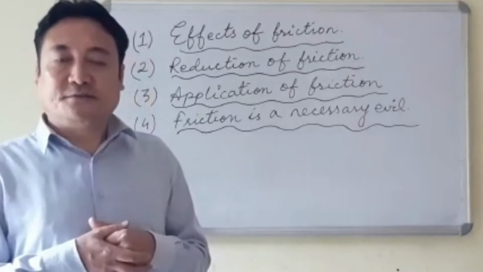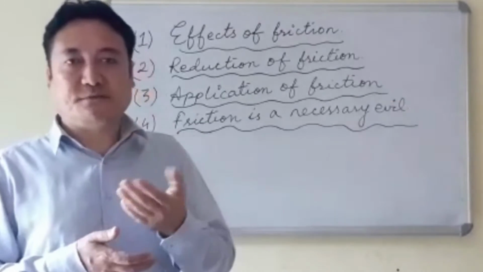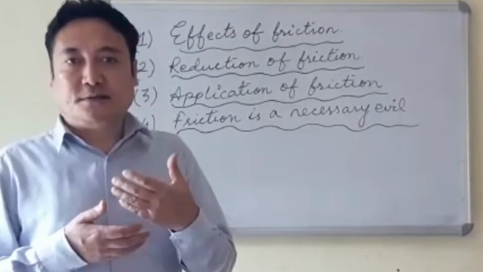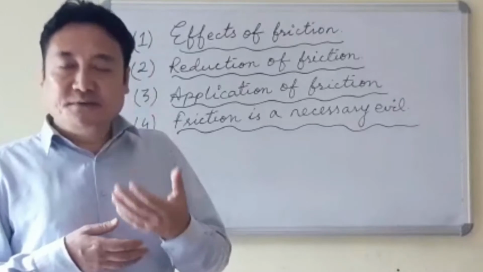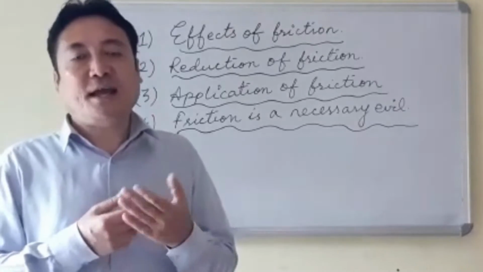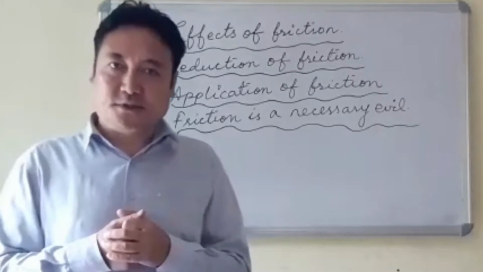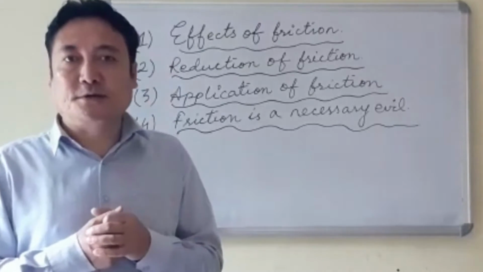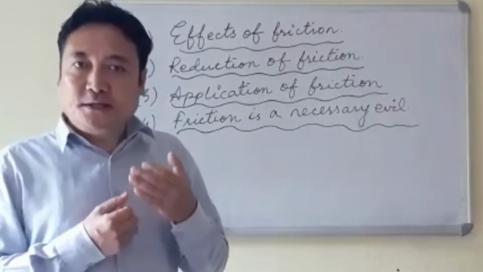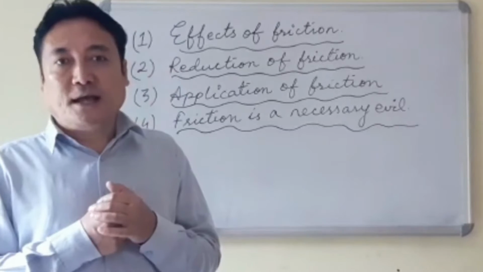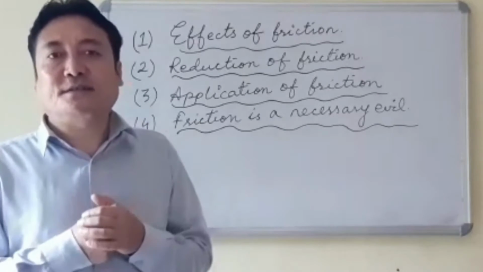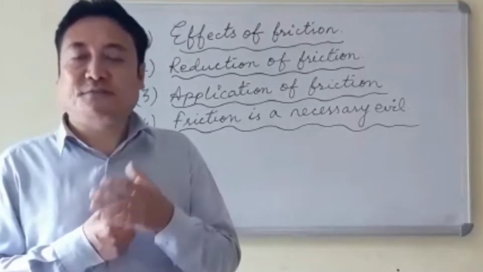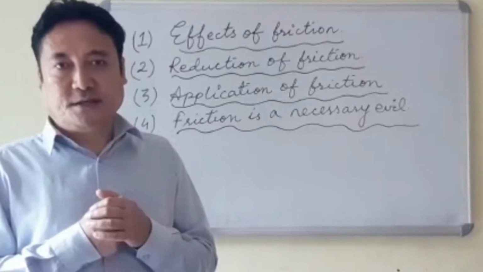That means friction will oppose the motion of a body, prevent the motion of a moving body, and finally make the body stop. Example: if you roll a ball on the ground, after traveling a certain distance, the ball finally stops.